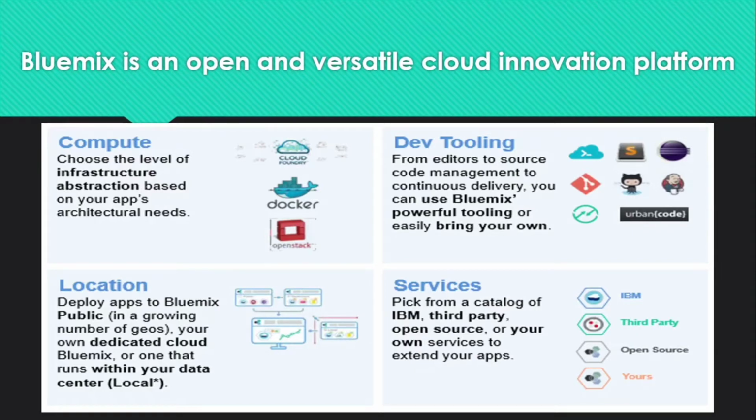For location, deploy apps to Bluemix public in a growing number of regions, or your own dedicated cloud, Bluemix Local, which runs in your local data center. For services, pick from a catalog of IBM, third-party, open source or your own services to extend your app.